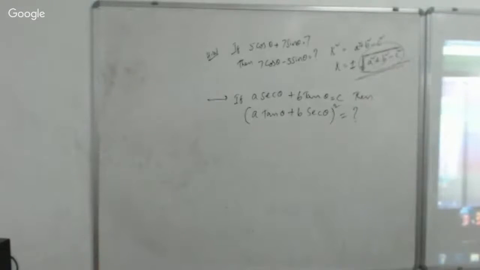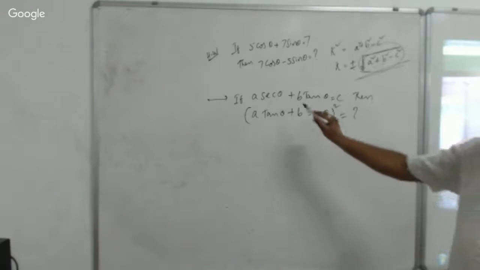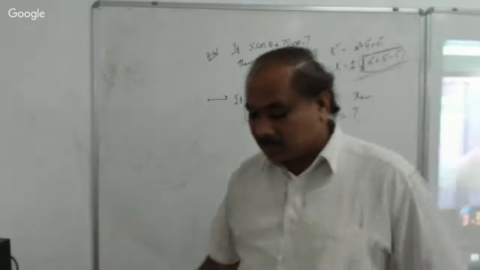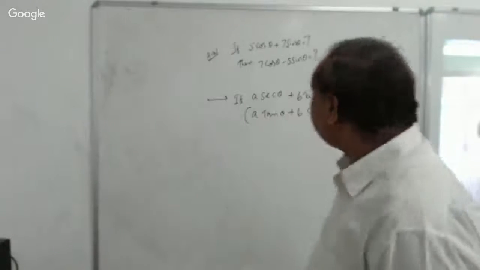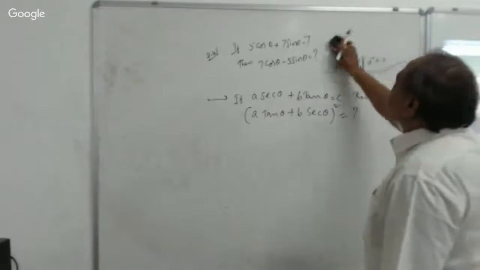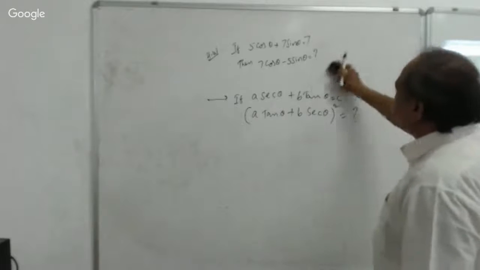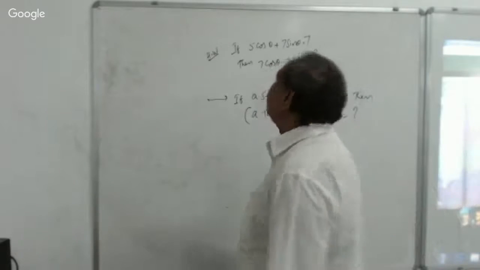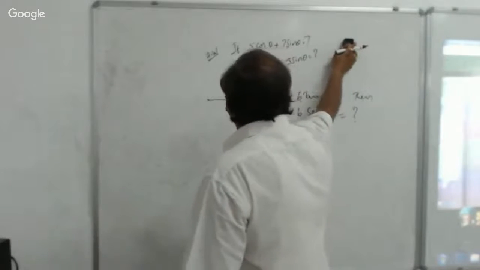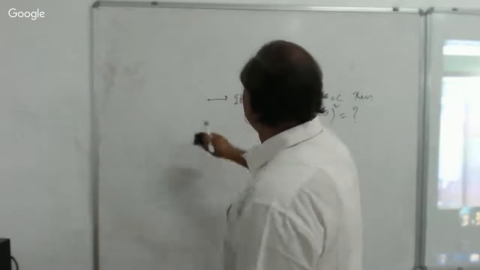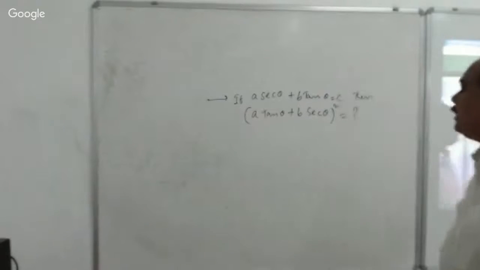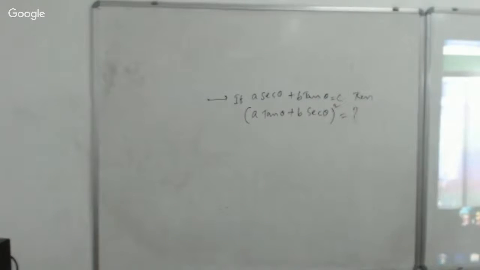Same method, but here both are in terms of sec and tan. Can you explain its method? Squaring and subtracting. Yes, squaring and subtracting. Why? Because both are in terms of secant and tan. Secant square theta minus tan square theta is equal to 1.